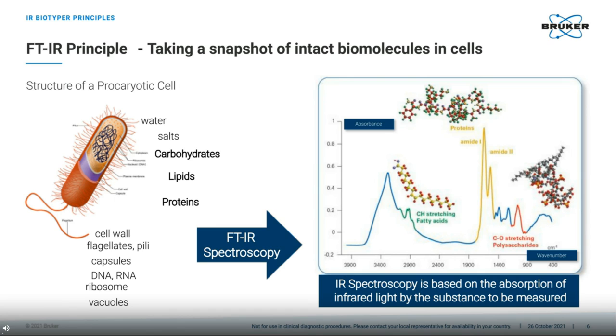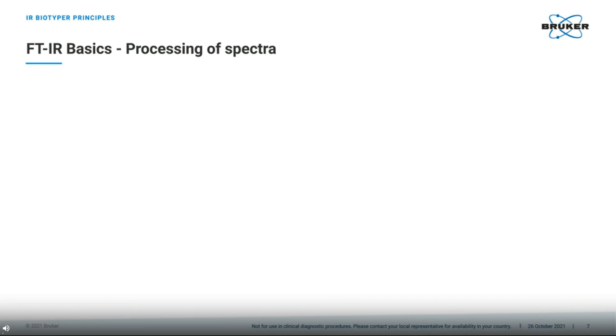And more in the middle, there's the absorbance for proteins, peptides, and on the right-hand side, you see the so-called CO stretching for polysaccharides, which are very important for many differentiating steps if you look at bacteria. So what is about these further basics and processing of spectra?